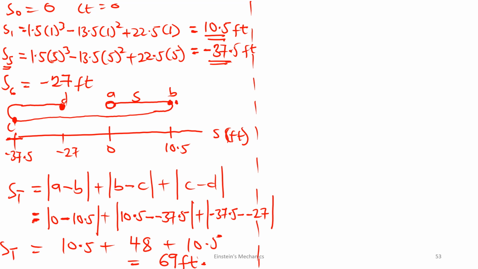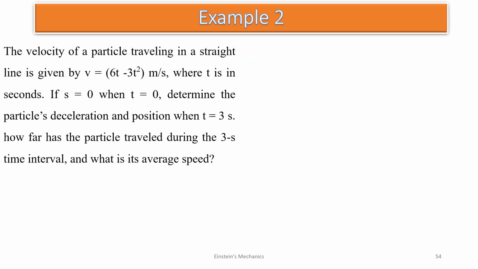Let's look at example 2. Example 2 is also given this way. Now, the velocity of a particle traveling in a straight line, we are still talking about continuous motion, v is given by this, where t is in seconds.